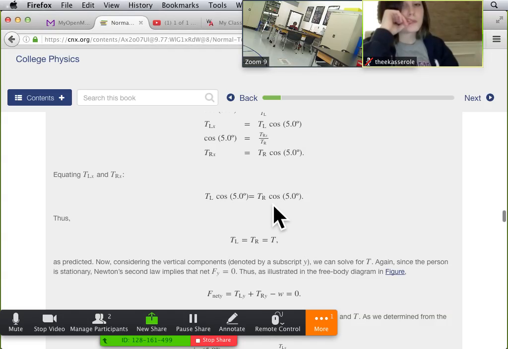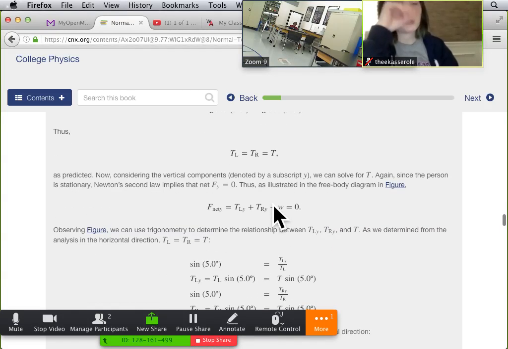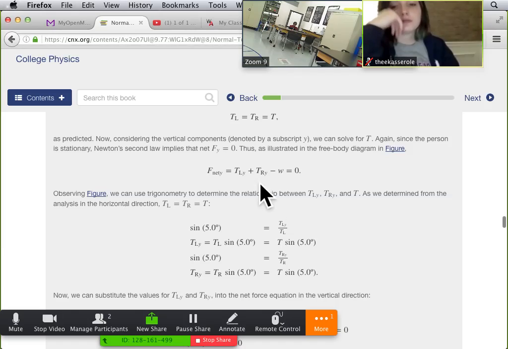That doesn't tell us everything yet. We still need to know something else. So we go down here and we find out that our net force total is going to equal tension T_L y plus tension T_R y in the y direction minus weight. Again, we get down to a y version of this equation for the sine, doing the same kind of stuff, except this is now in the up and down version.